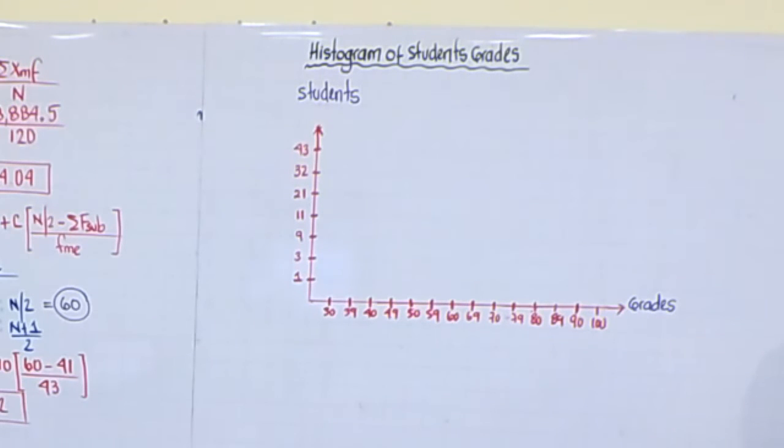In this histogram, my dear students, I strongly recommend using colors if you have them, because we're going to distinguish every graph bar. For example, we have 30 to 39, which has 1 unit.